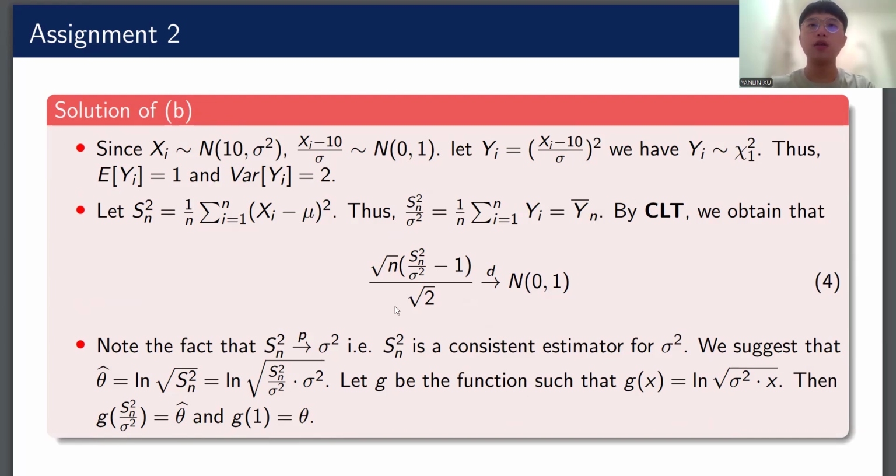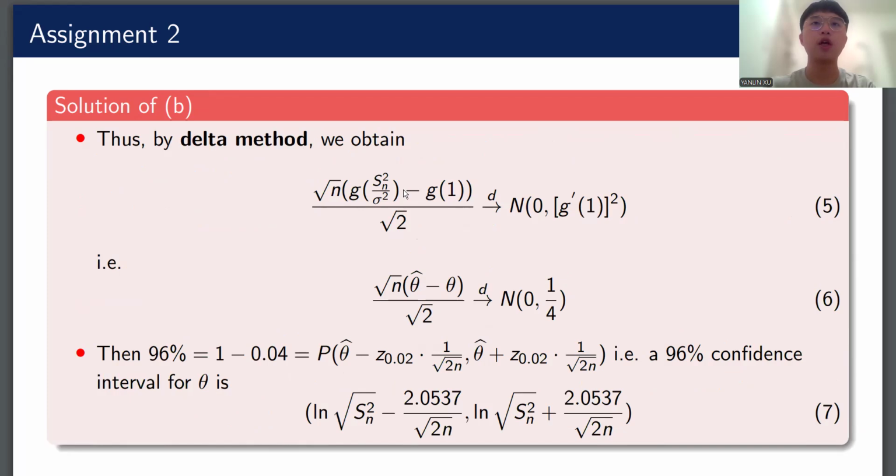By using this result and the function g, we know that the delta method tells us if we have this result and a function g, then we can obtain this. This is what the delta method tells us.